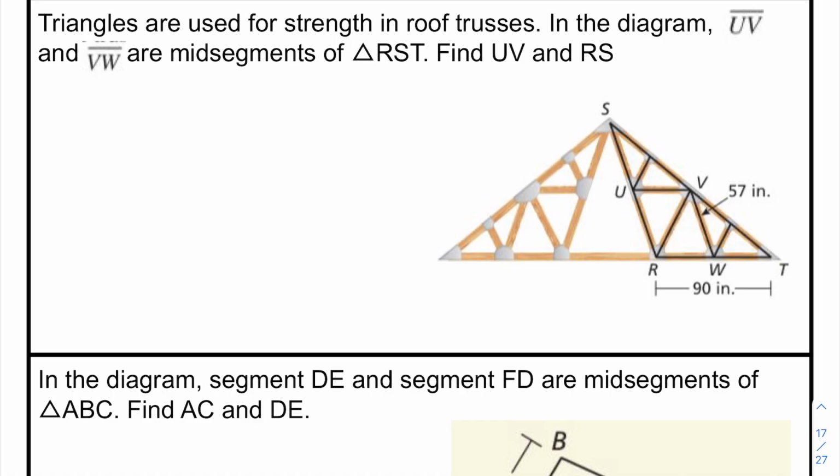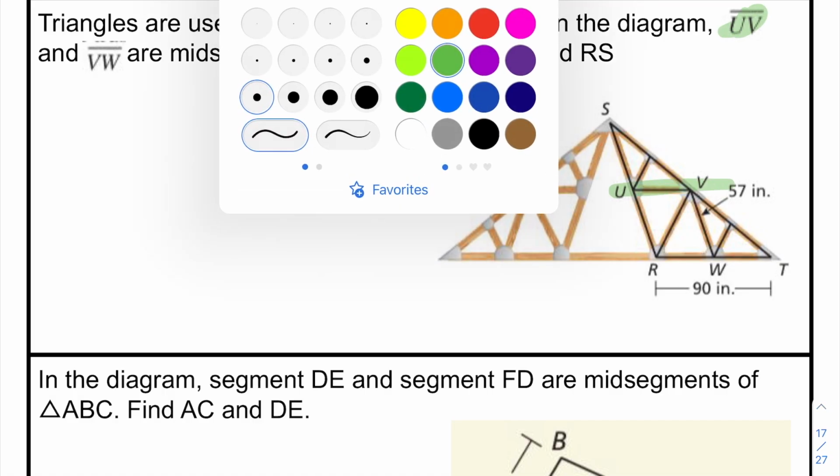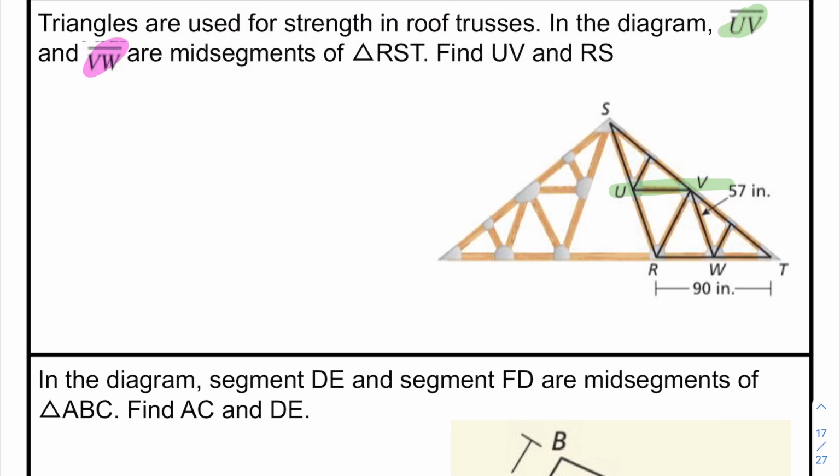Well, we've talked before that triangles are the strongest shape, so we use them in construction. And we use triangles in roof trusses and triangles to reinforce triangles to add even more strength. Well, segment UV right here and segment VW are mid-segments of RS. So we're going to find UV and RS.